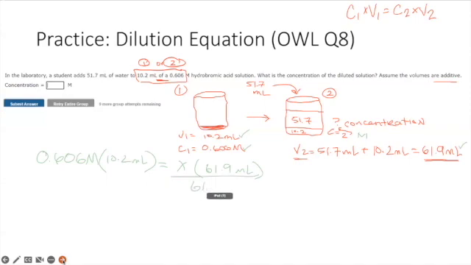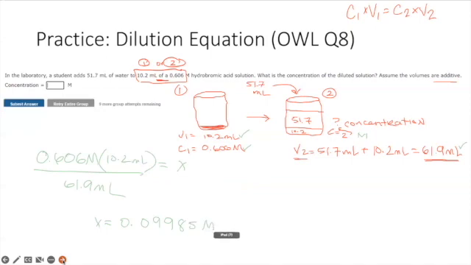So when we divide both sides by 61.9, we get X by itself. And when I plug this into my calculator, I get X equals some crazy number, 0.09985 molar.